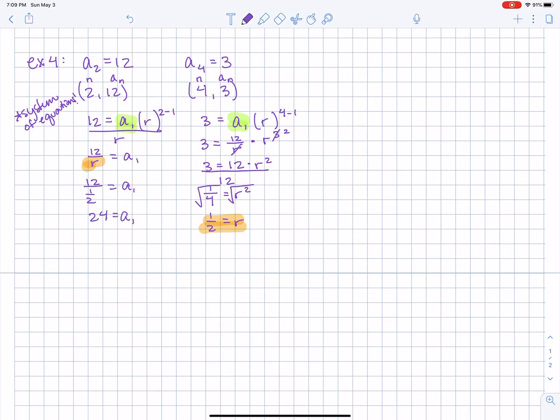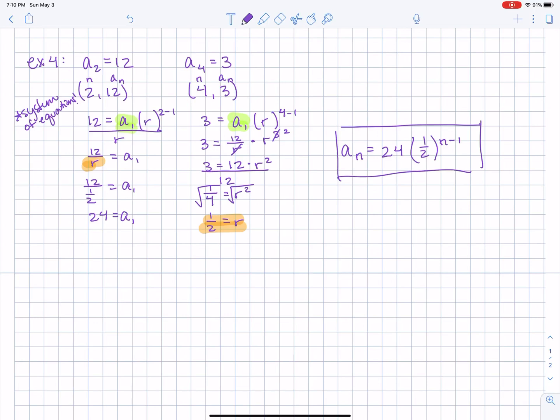Now I have all my pieces of the puzzle. I can write a sub n is equal to 24 times 1/2, to the power of n minus 1. And this is my formula that I'm going to use.